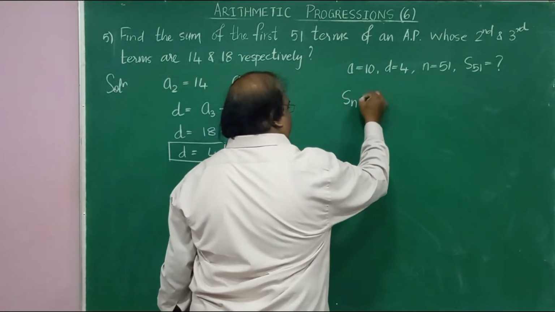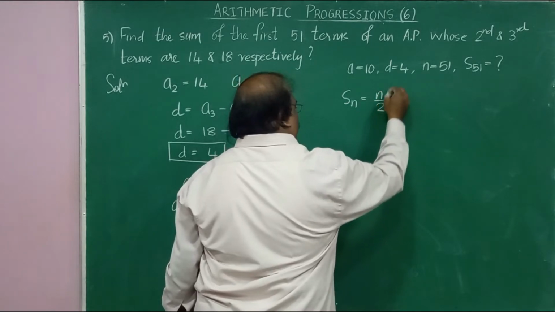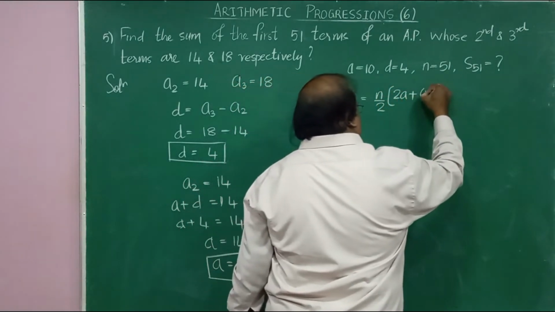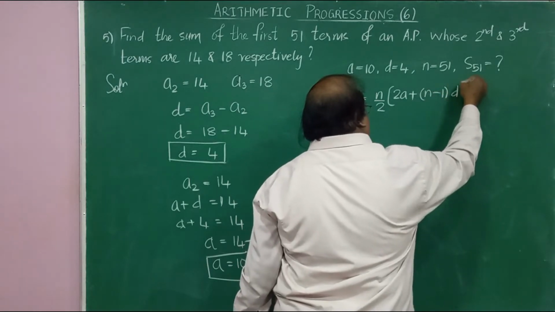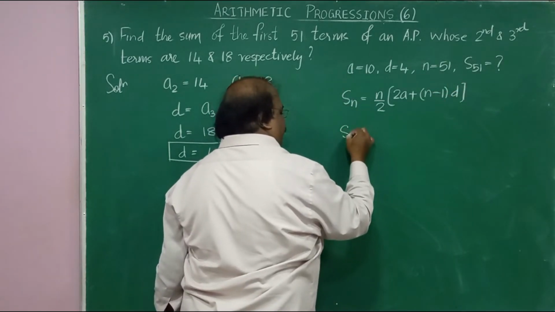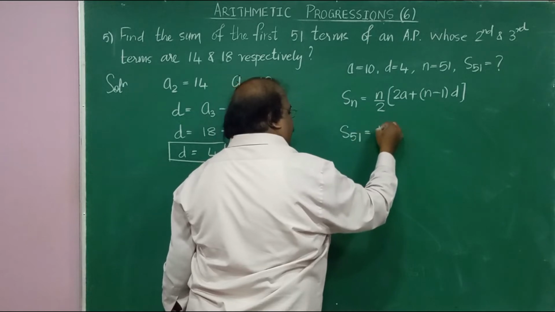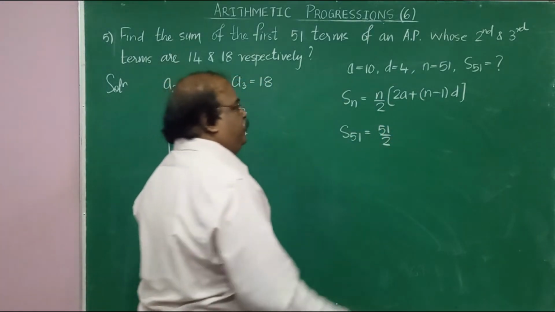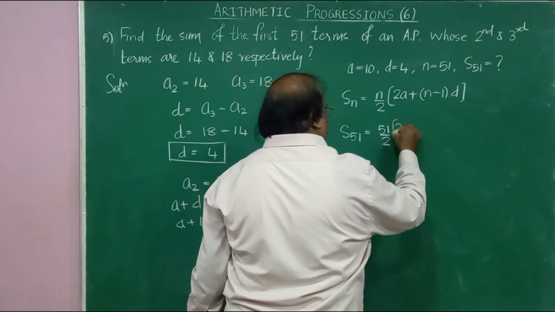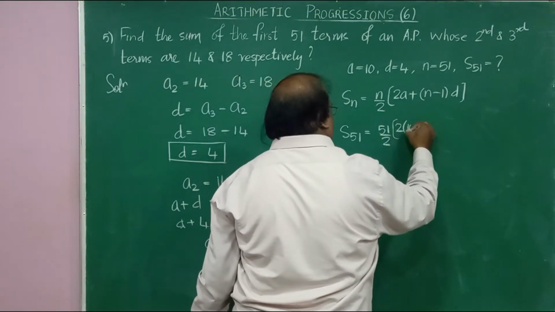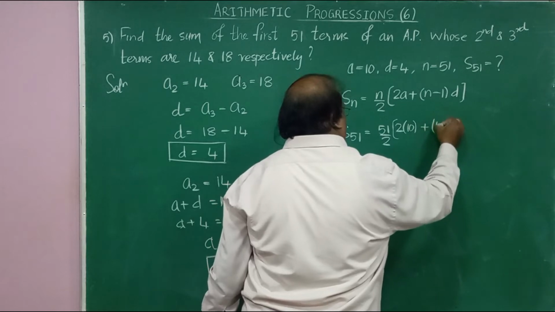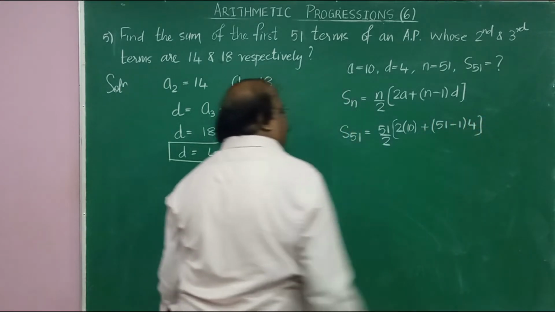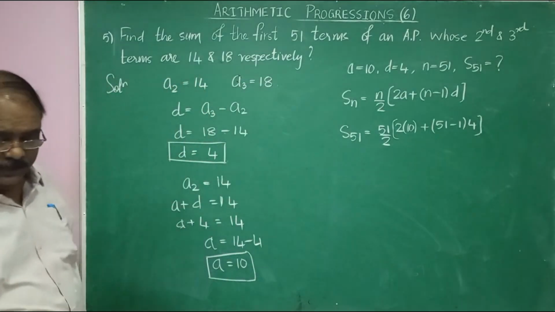Sn is equal to n upon 2 into bracket 2a plus (n minus 1) into d. So what is S51? S51 is 51 upon 2 into bracket 2a. What is a? 10, plus (51 minus 1) into d. So what will I get in the next step?